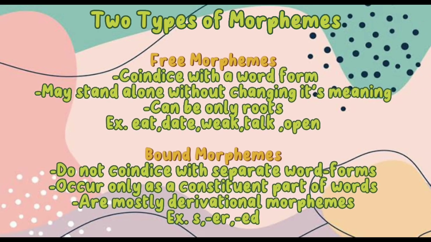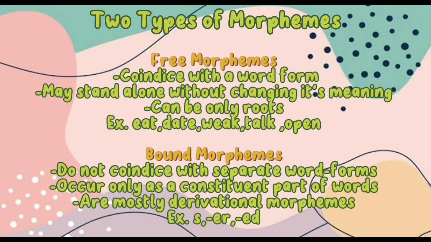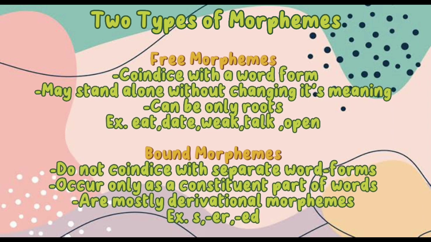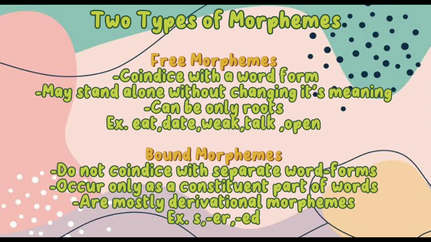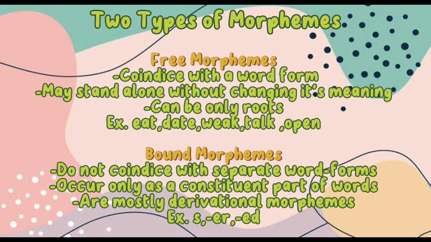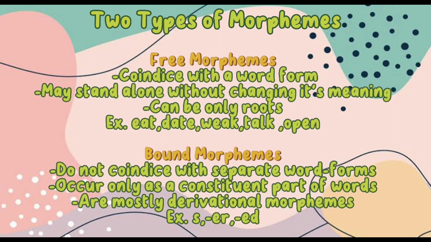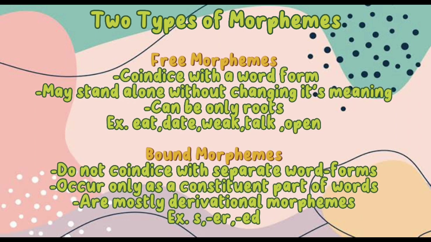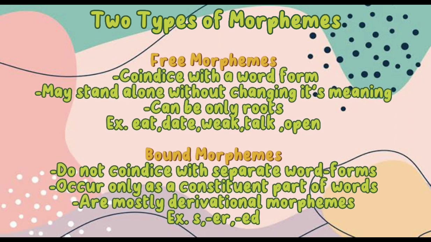Free morphemes coincide with a word form, may stand alone without changing its meaning, and can be read on their own. These are examples of free morphemes: eat, date, week, talk, and open. The second is bound morphemes. They do not coincide with a separate word form.